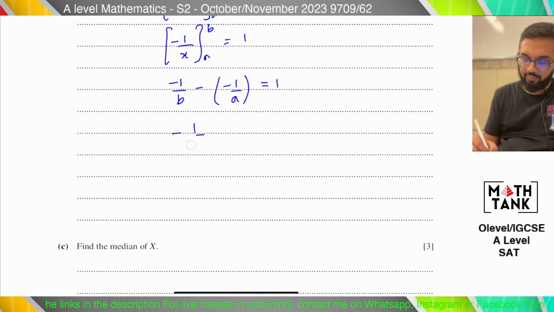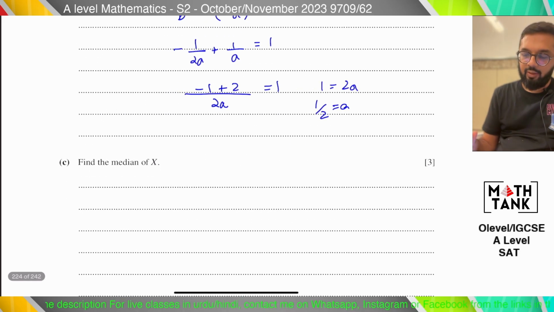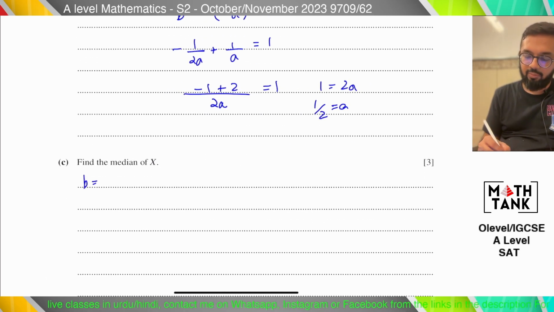So 2a plus 1 over a equals 1. I take a common denominator: 2a minus 1 plus 2 equals 1. So 1 equals 2a and a equals half. So a is half and then b should equal half into 2, which is 1.